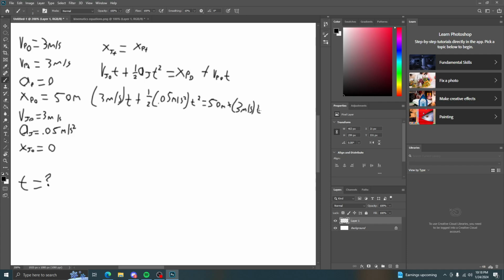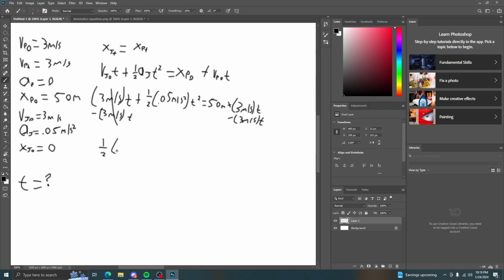So originally I thought we were going to have to do the quadratic formula for this, but you just subtract the 3 meters per second times t from both sides, and then these two cancel out, so you're just left with the only t left being the t squared here, which means you don't have to do the quadratic formula.